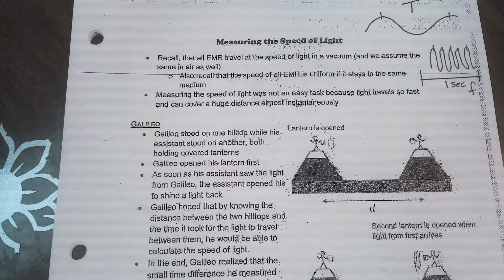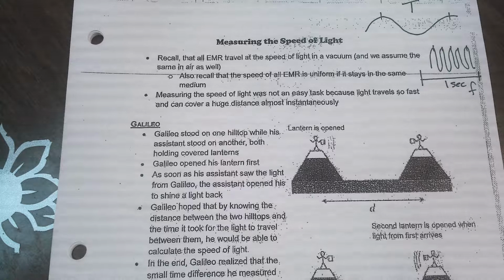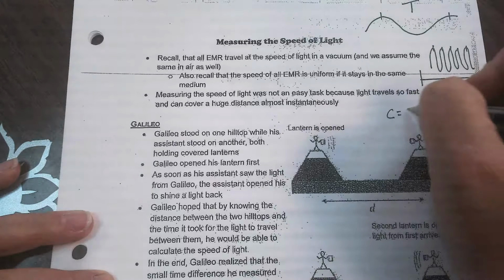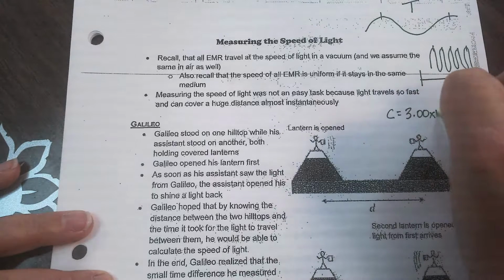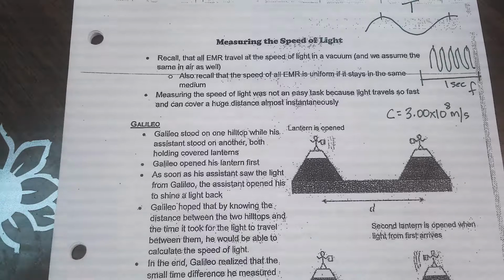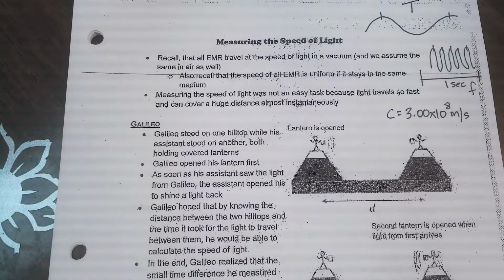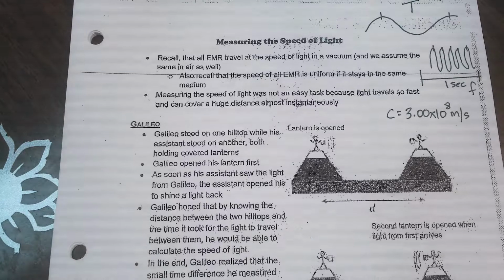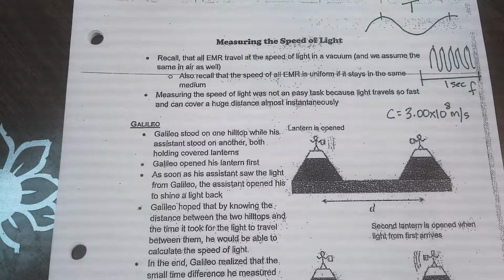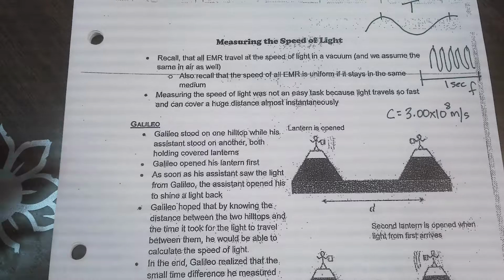Being able to figure out the speed of light wasn't necessarily easy. We know that the speed of light is 3.00 times 10 to the power of 8 meters per second. When we're looking at a number that large, it's incredibly hard to measure it, and it doesn't take long for light to go a long ways.